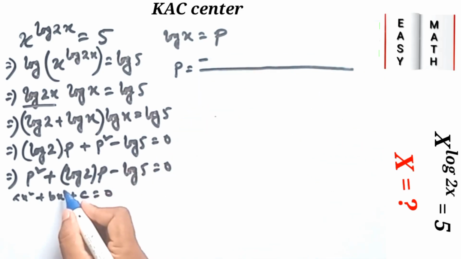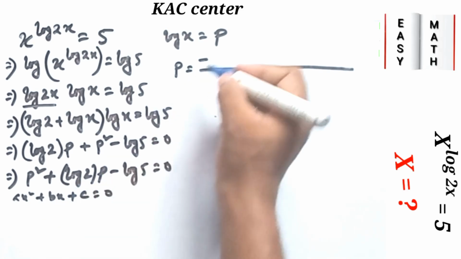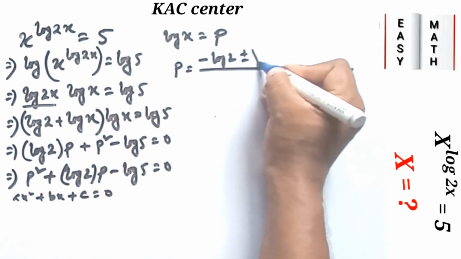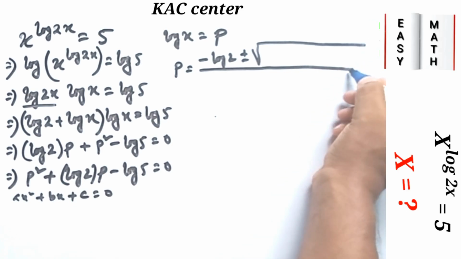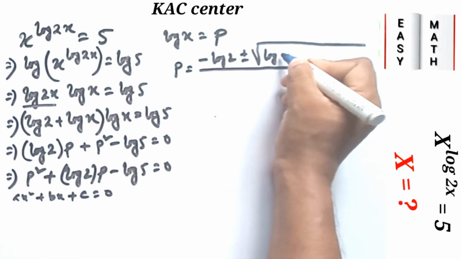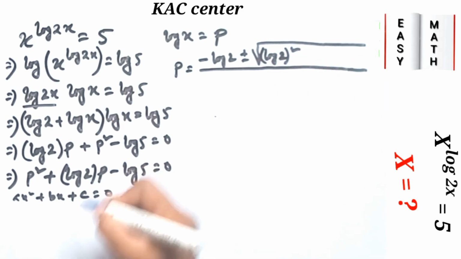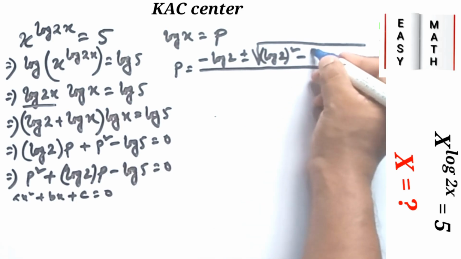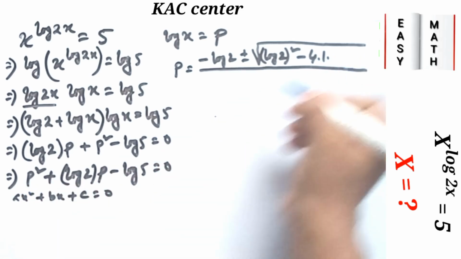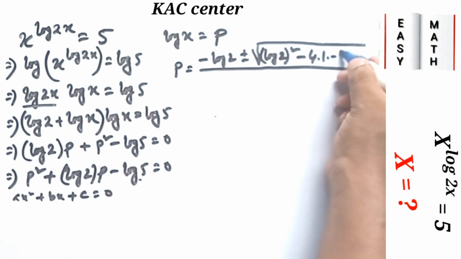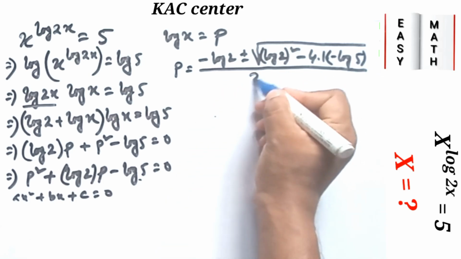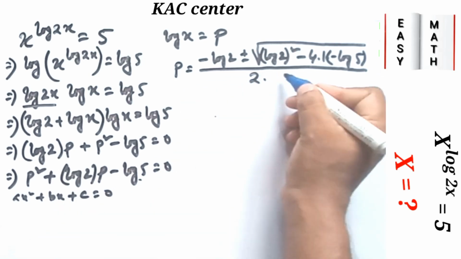So p value we can write as minus b, so minus log 2, plus minus root over, so root over log 2 squared, and minus 4 into a, which is 1, and c is log 5, so minus log 5, and 2a, and a is 1.